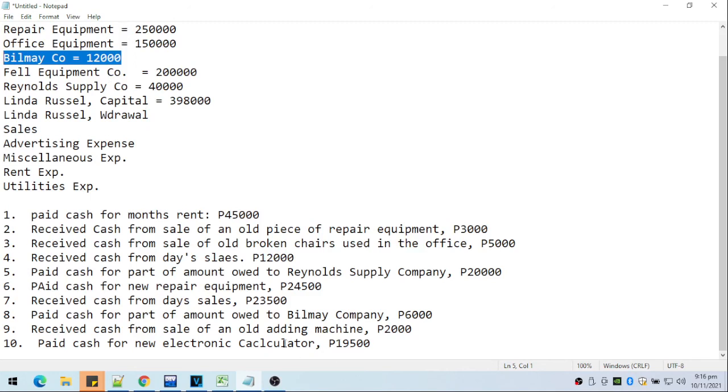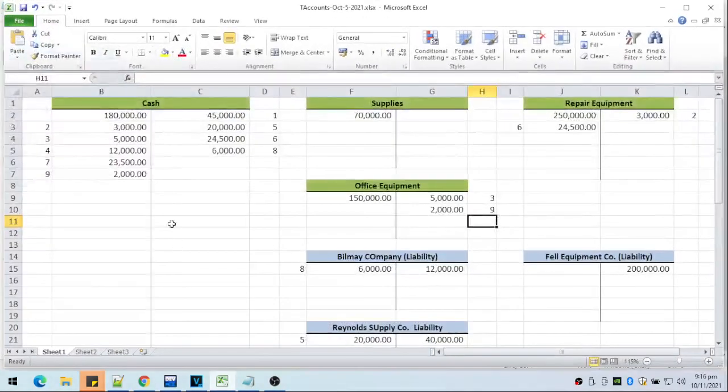So amounting to 19,500. So first, cash, 19,500. That will decrease our cash. But it will increase our office equipment. So place that on the debit side, 19,500.